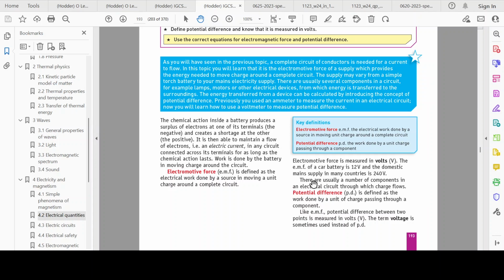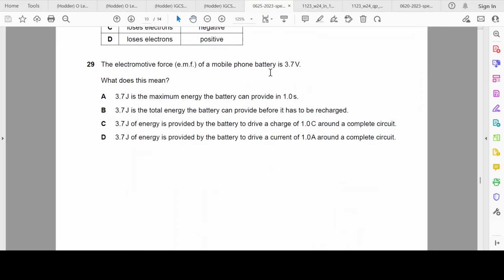So whatever the EMF is, that is the energy required to move the charge around the circuit. If the EMF is 3.7 volts, that means 3.7 joules of energy, work done, is provided by the battery to drive 1 coulomb, that is one unit of charge, around a complete circuit. So if you know the definition of EMF, you can attempt this easily.